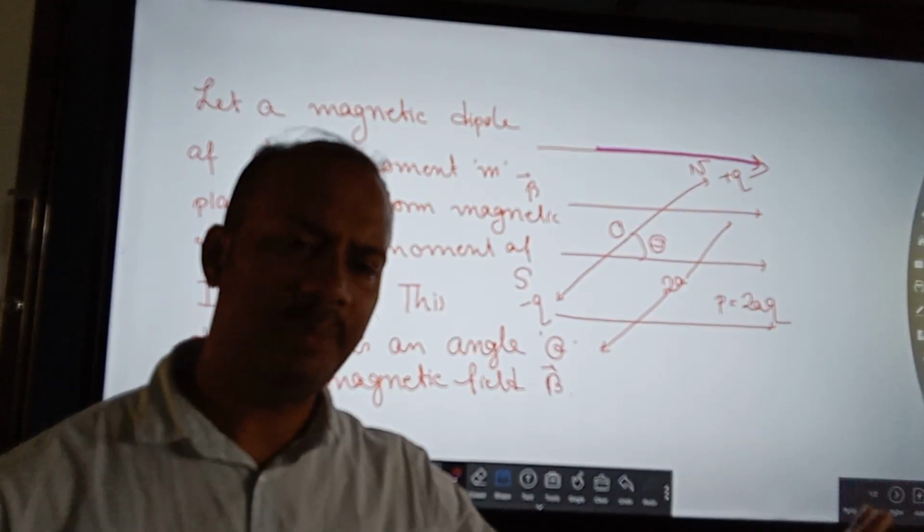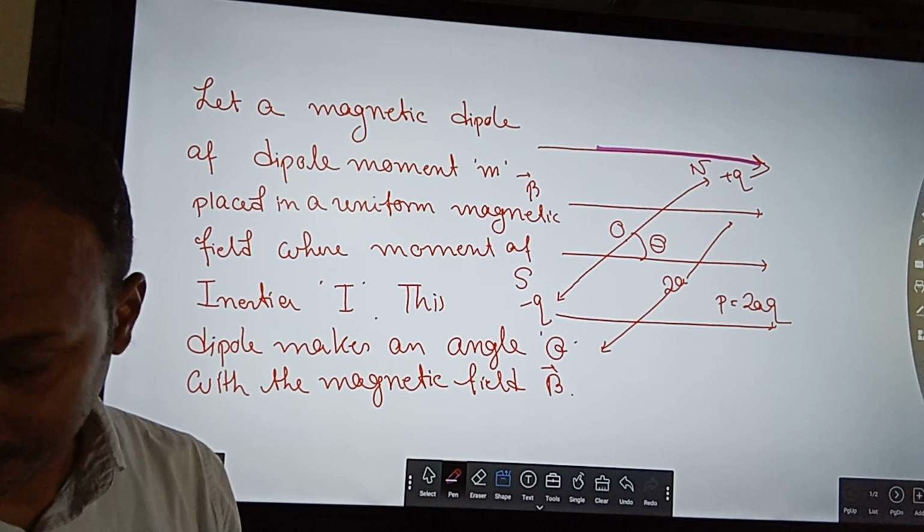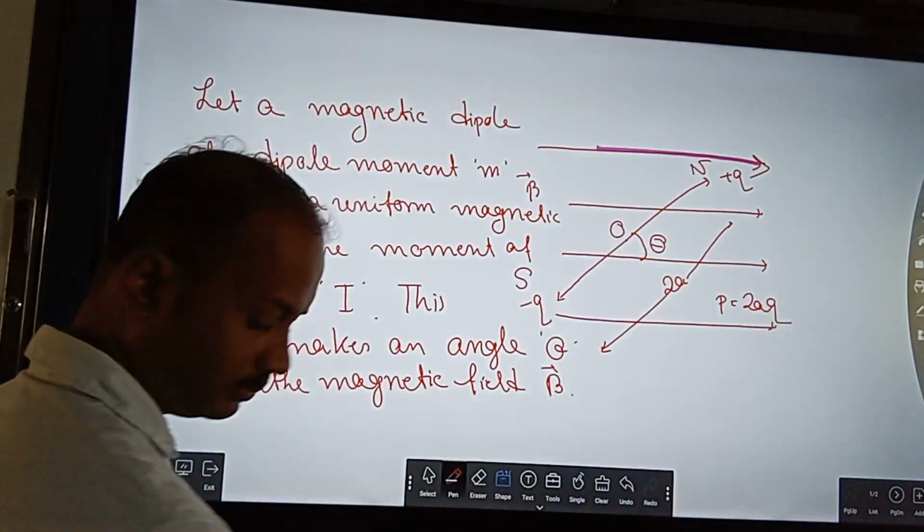Where there is a moment of inertia I, it forms a magnetic torque. Now look at this.